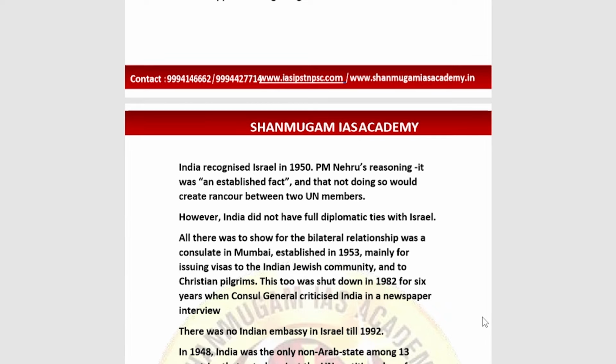All there was to show for the bilateral relationship was a consulate in Mumbai, established in 1953, mainly for issuing visas to the Indian Jewish community and to Christian pilgrims.